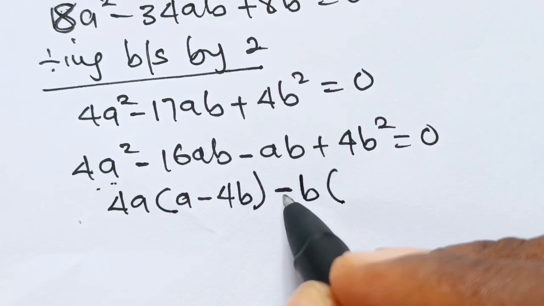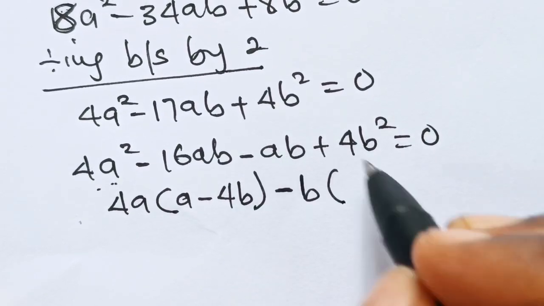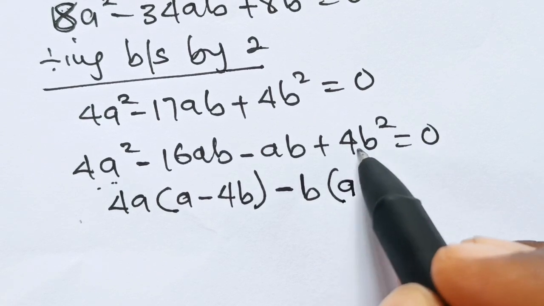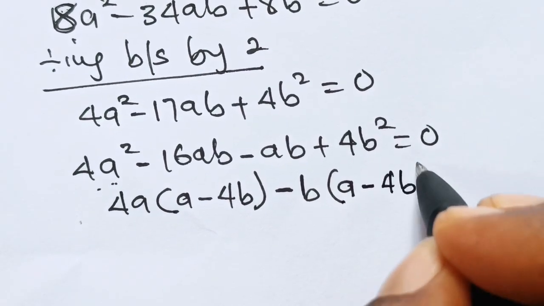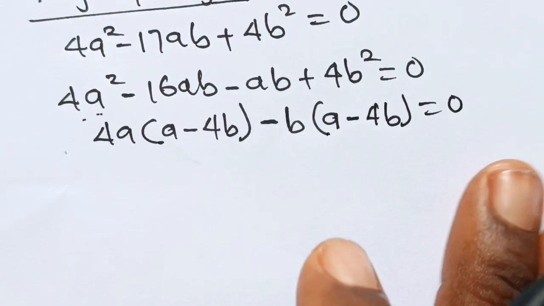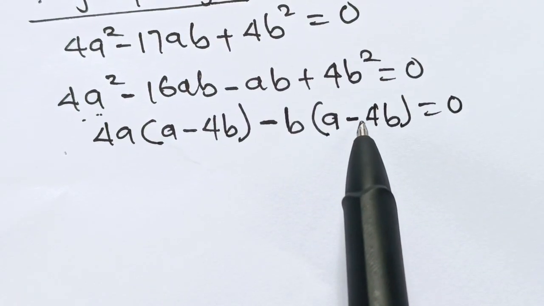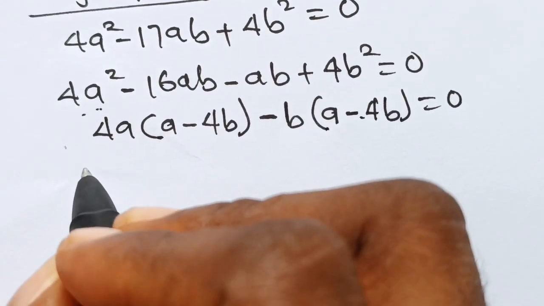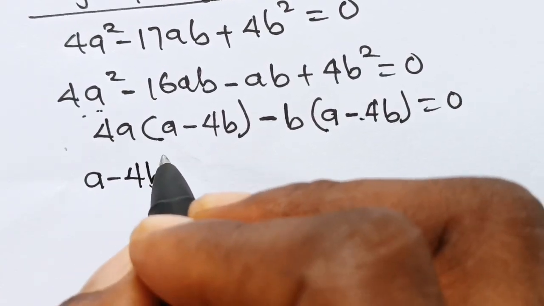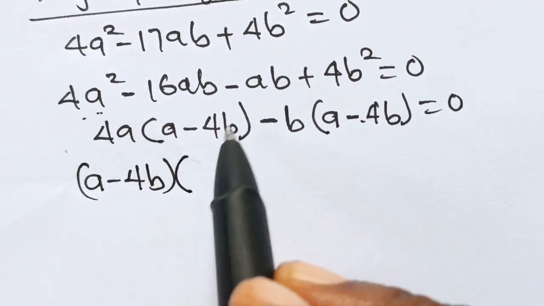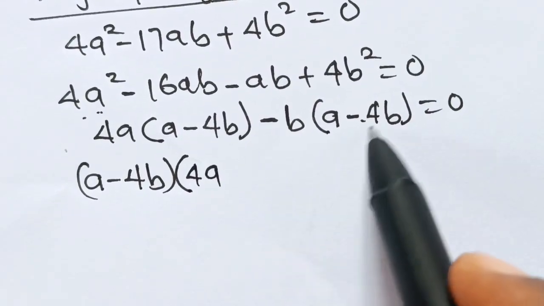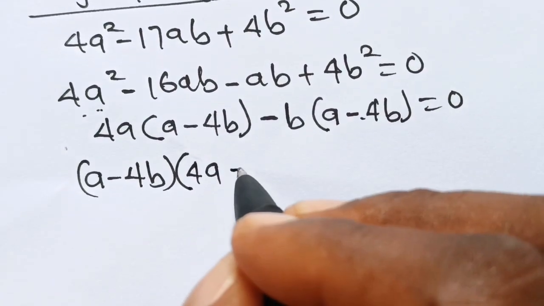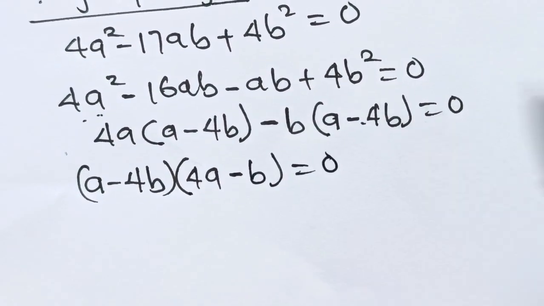Minus ab divided by minus b will give us plus a, and plus 4b squared divided by minus b will give us minus 4b is equal to 0. So you can see that we have this and this here. They are common, right? So we have a minus 4b into this divided by this, we have 4a remaining. And this divided by this, we have minus b remaining is equal to 0.